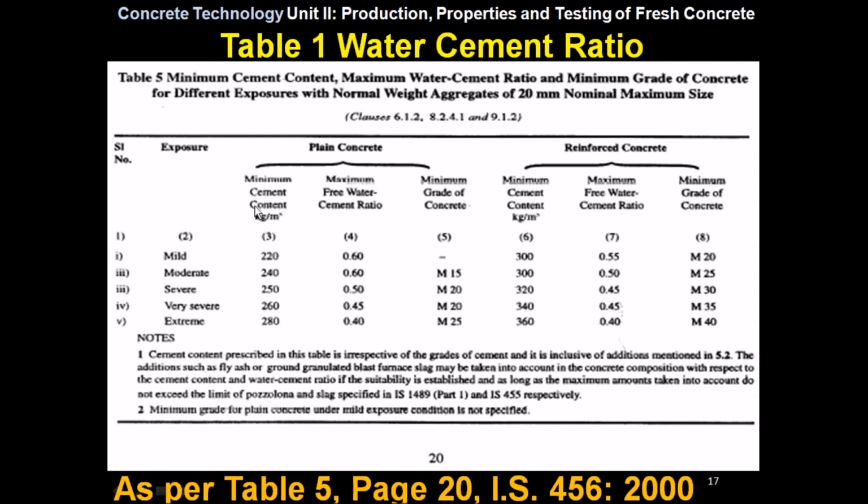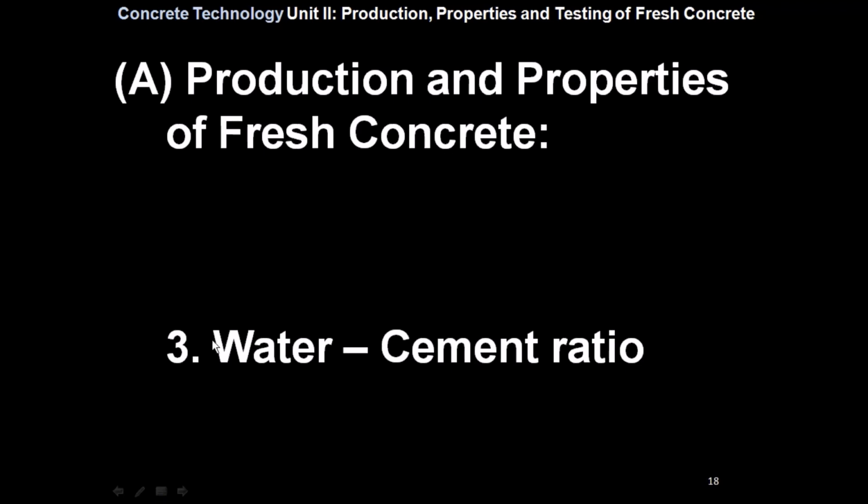So here for the plain concrete, water cement ratio is given 0.6, 0.6, 0.5, 0.45 and 0.4 as per the exposure condition: mild, moderate, severe, very severe and extreme. And for reinforced concrete, that is RCC, it is 0.55, 0.50, 0.45, 0.45 and 0.40 for mild, moderate, severe, very severe and extreme exposure condition respectively. So we have seen the water cement ratio.